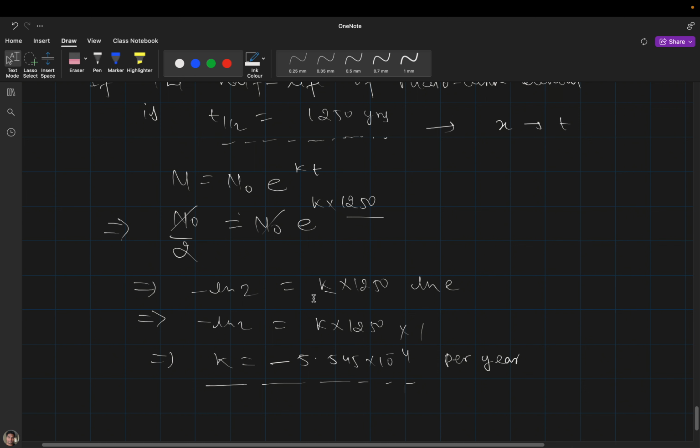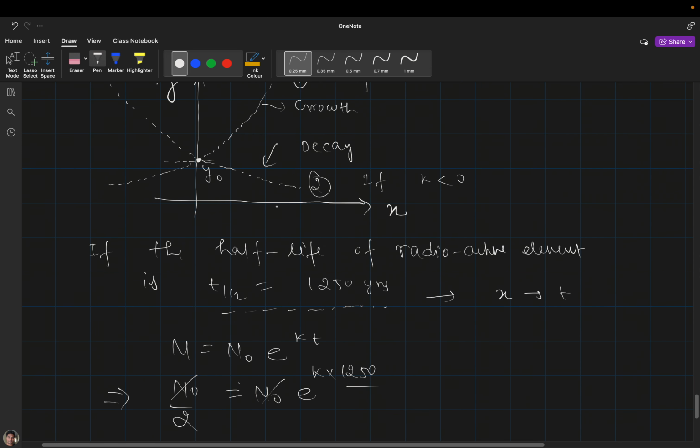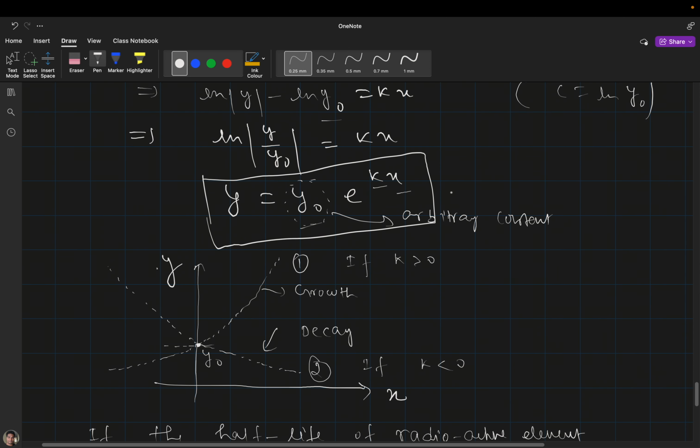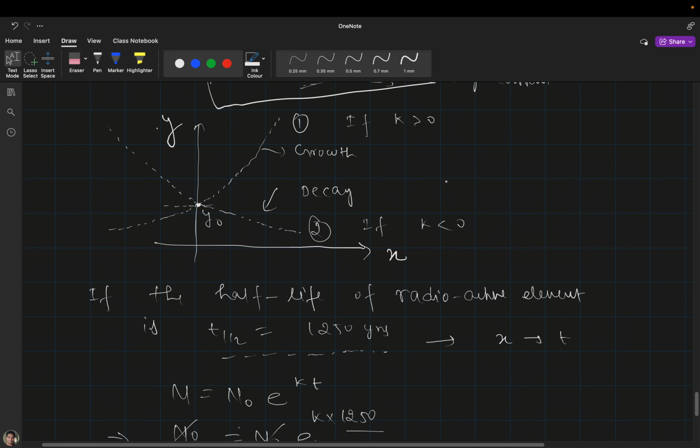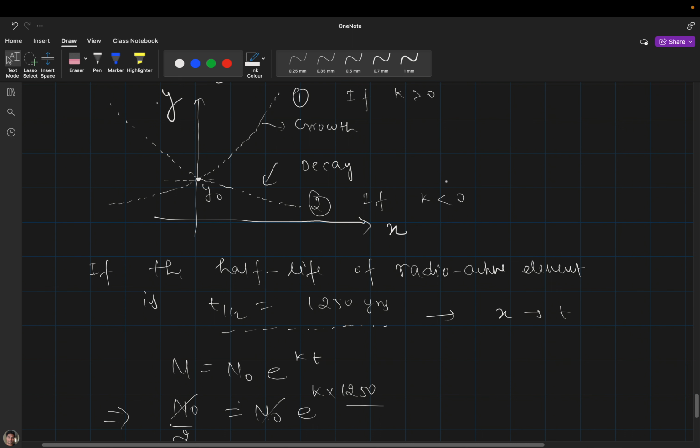Sir, how do you change x to t? I'm changing x into t because here x is the independent variable. In a radioactive disintegration problem, x is actually time, and y is the weight or the amount or the number of elements available.